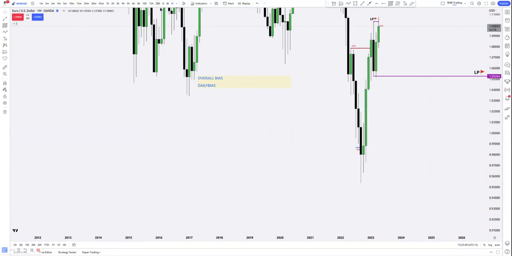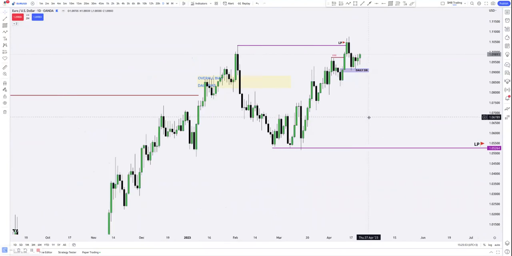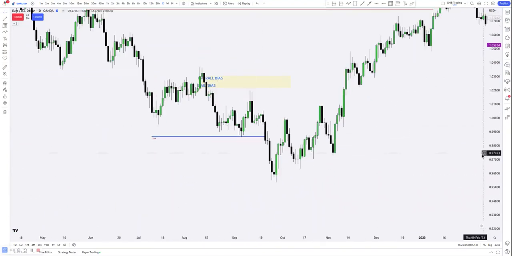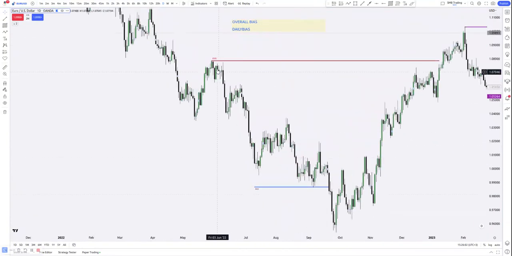Yeah, that is over 3 months, right? So that was over 3 months from here to here. For price to get this liquidity took 3 months.